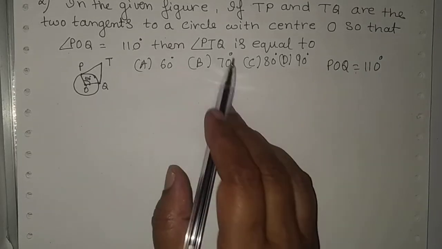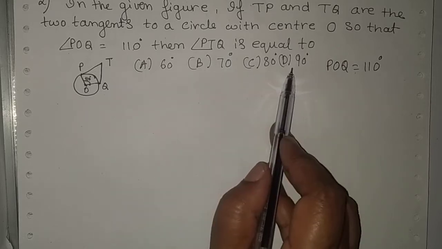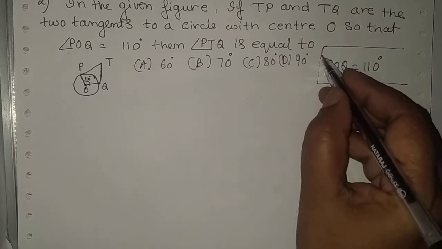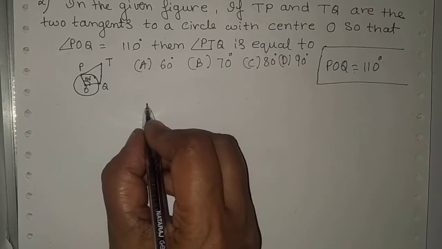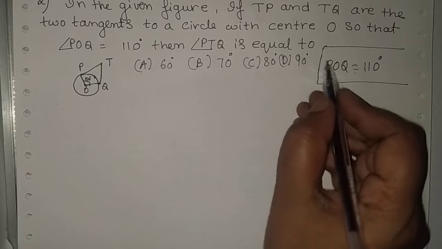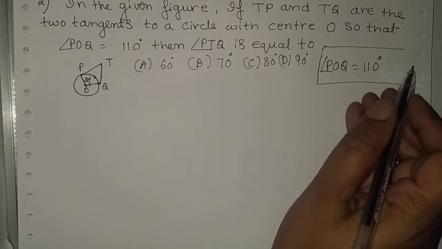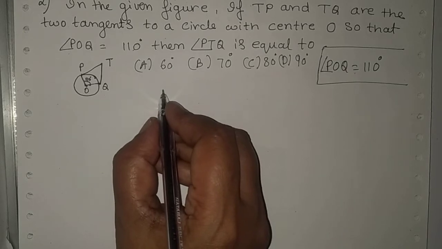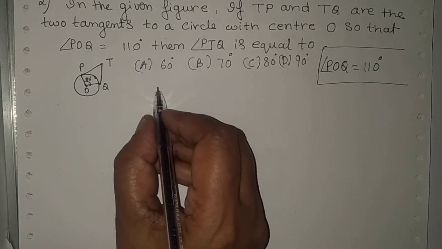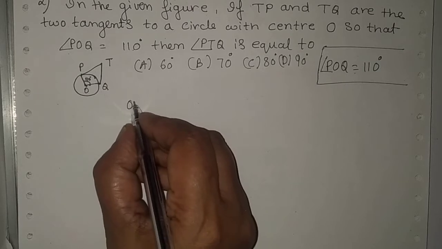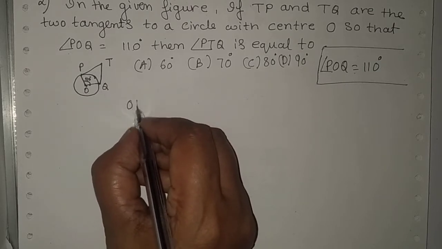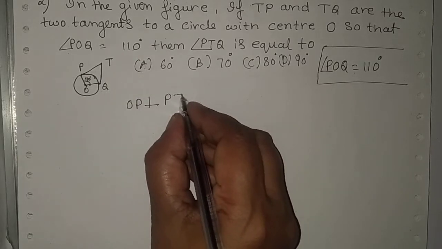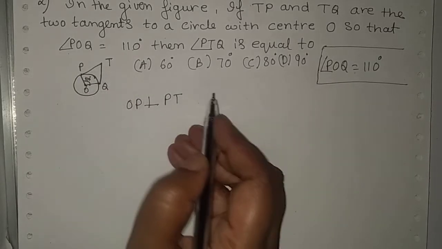What we have to find is angle PTQ, that is, what is the degree we have to find out. The first step here is, angle POQ is given as 110 degrees. Now, OP is perpendicular to PT.